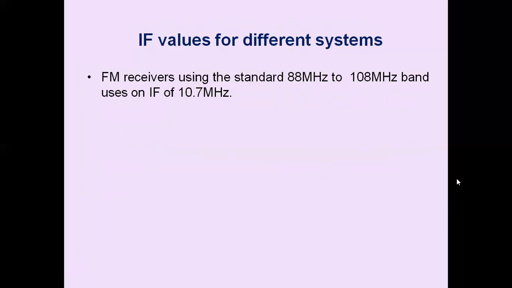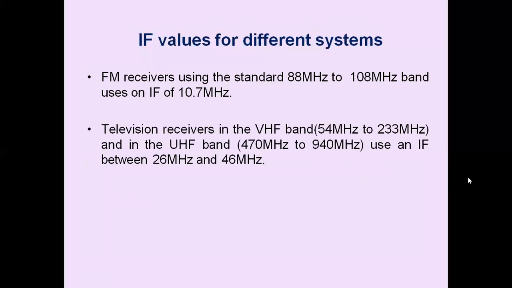FM receivers using the standard 88 MHz to 108 MHz band use an IF value of 10.7 MHz. Television receivers in the VHF band 54 MHz to 223 MHz, and in the UHF band 470 MHz to 940 MHz, use an IF between 26 MHz and 46 MHz.